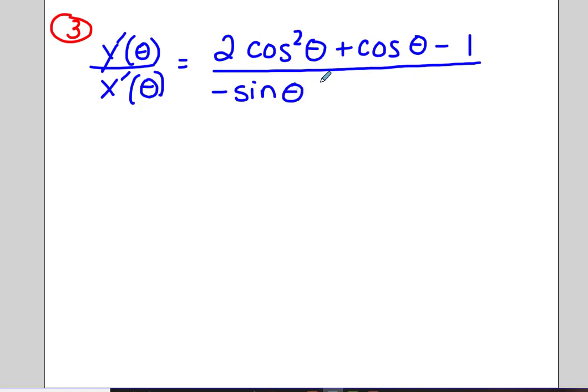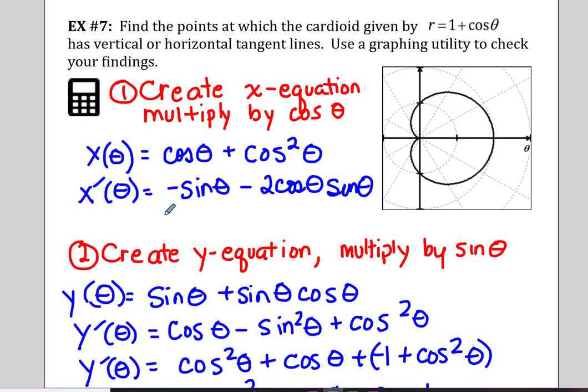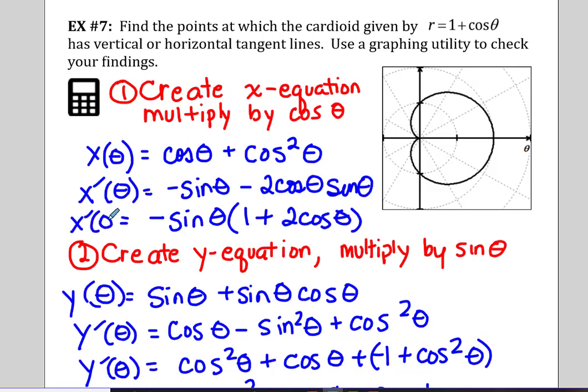And then again, I'm going to factor out the sine from both terms and make that 1 plus 2 cosine theta, grabbing that information back from here. I factored out the negative sine and made that 1 plus 2 cosine theta for our x prime of theta.